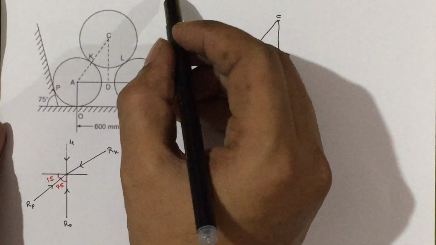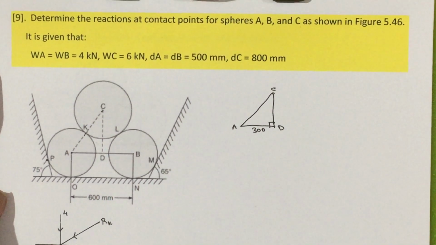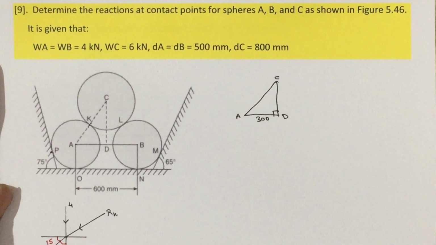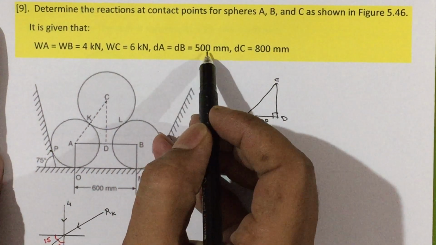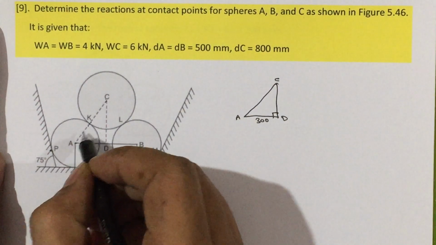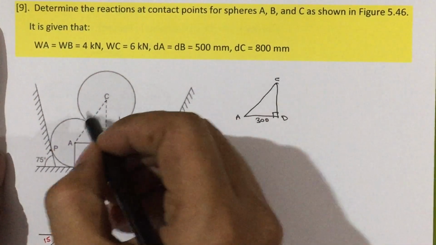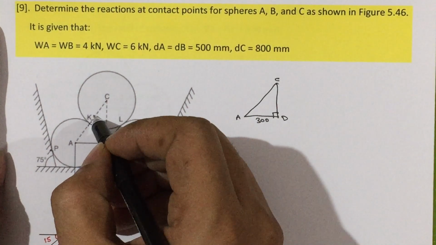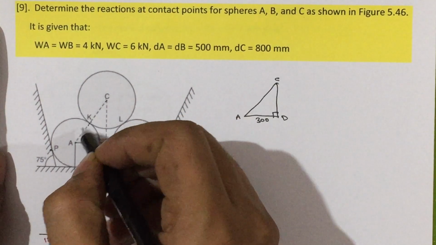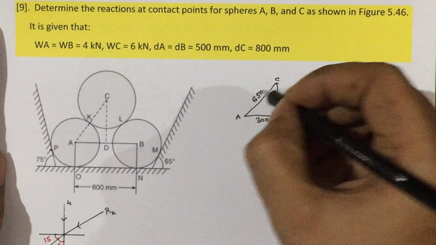The diameter of the A ball is given as 500 mm, therefore radius will become 250. Then diameter of the C ball is 800 mm, therefore radius will become 400 mm. Therefore 250 plus 400, it will become 650 mm.